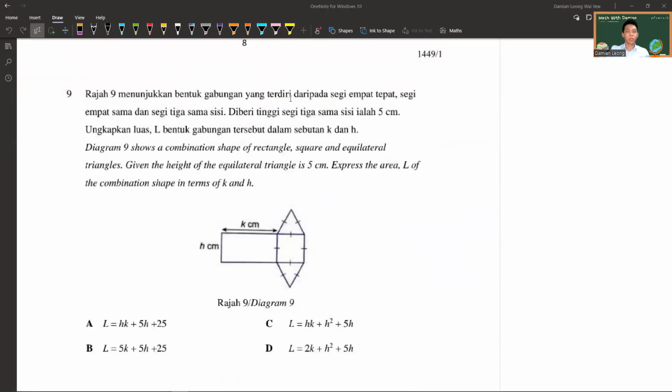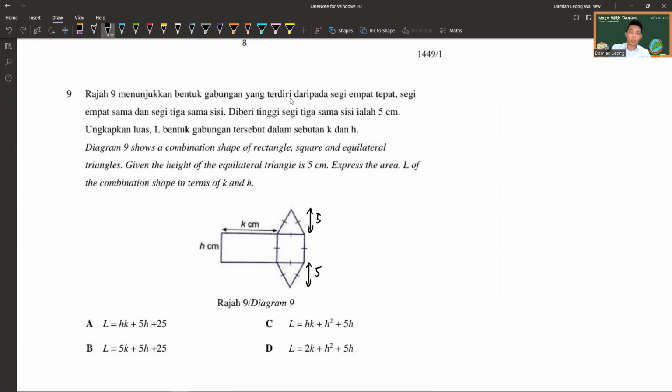So we look at question 9. Diagram 9 shows a combination shape of rectangle, square, and equilateral triangles. Given the height of equilateral triangle is 5 cm, express the area L of the combination shape in terms of K and H. So here is 5 cm, here also 5 cm.